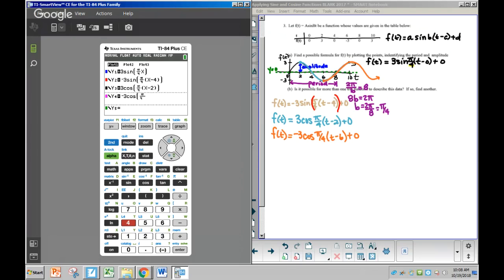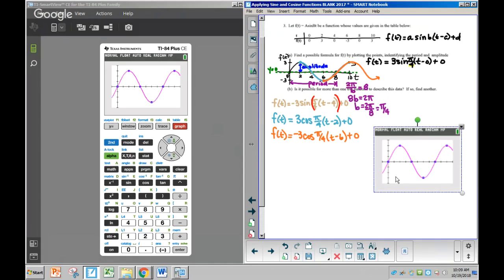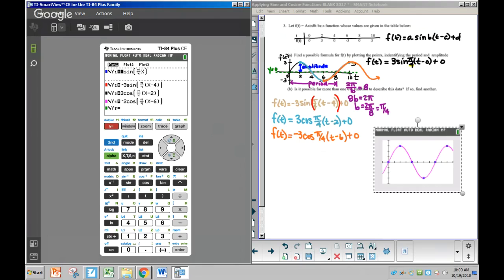Pi divided by 4 times parentheses x minus 6, close the angle argument, and I'm going to press enter. And then I'm going to graph it, and lo and behold, it works. Yes. All right, so I'm going to take this and put it over in this document, I hope. Here it is. And I'm going to go to y equals and put this in the document.